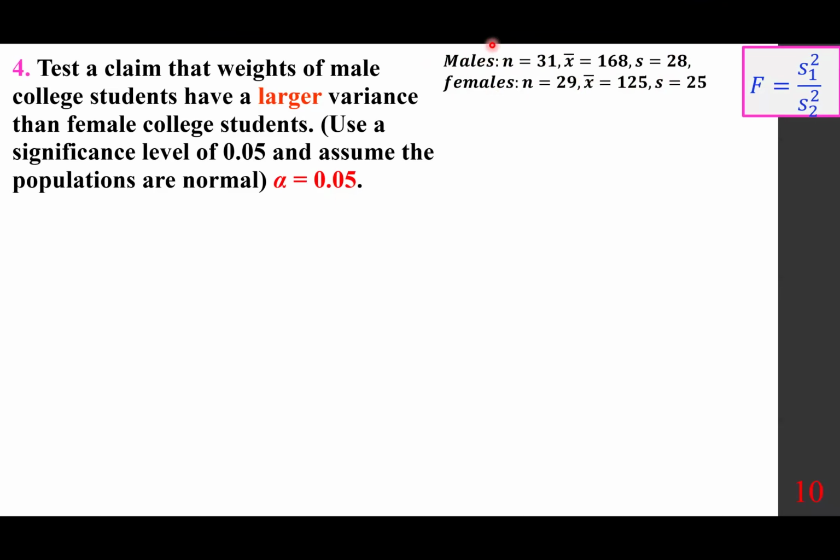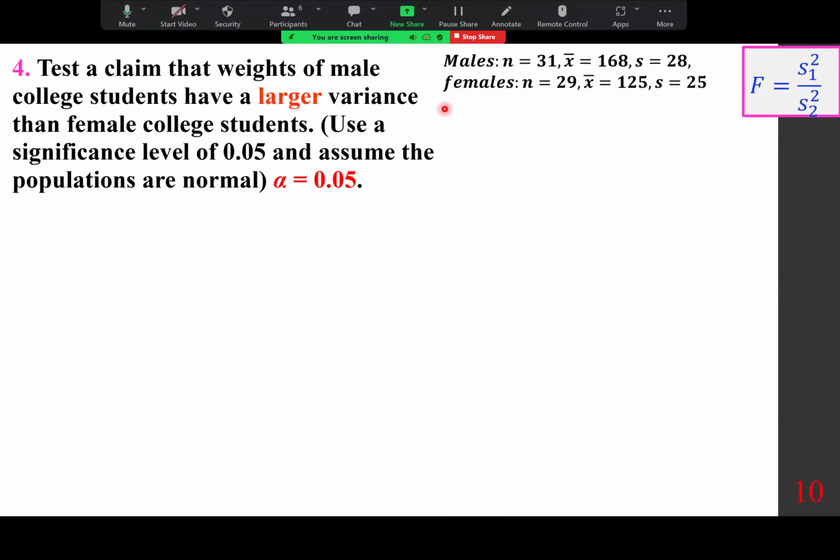The way you choose which group is the first one, pay attention. The one which has a larger S or S squared. This one has S of 28, this one has S of 25. This is your first group. If this was larger, by choice, this would be your group. I'm telling you right now, you want to pay attention to that.